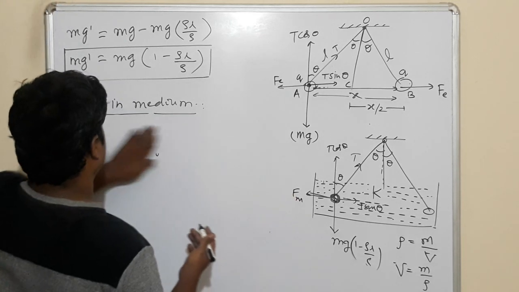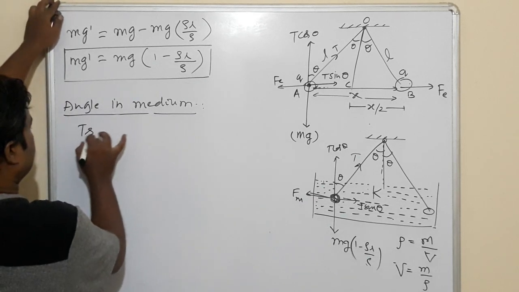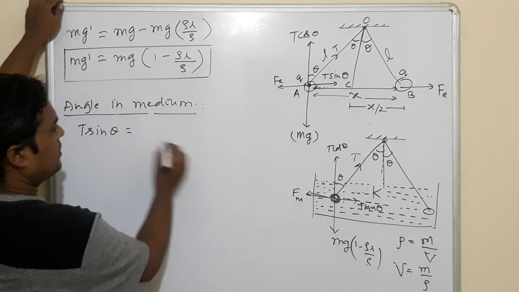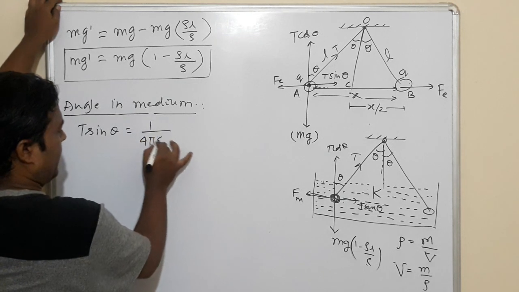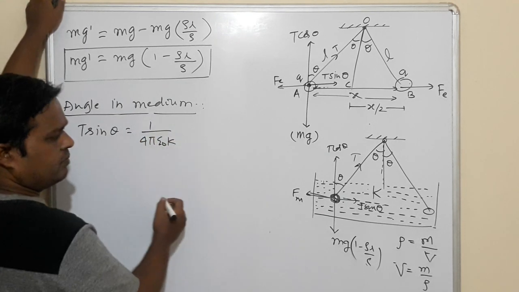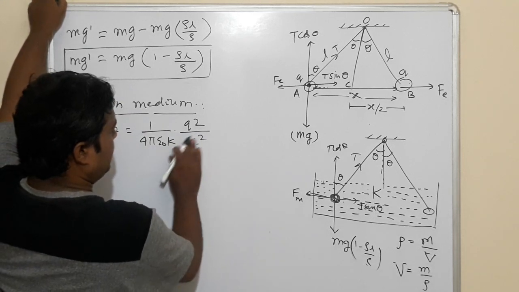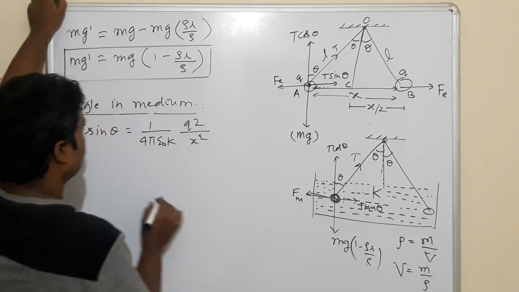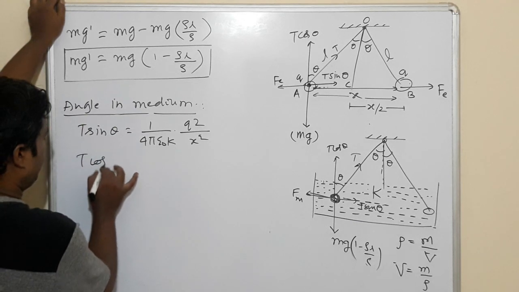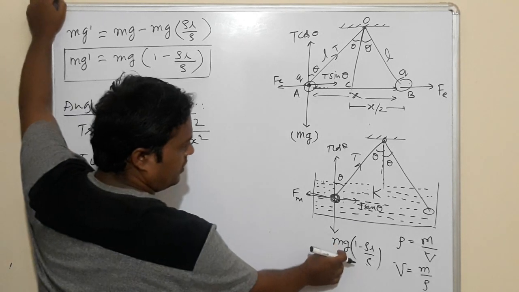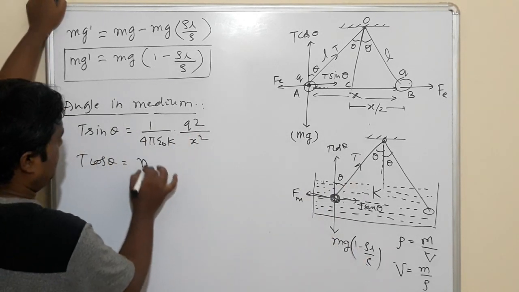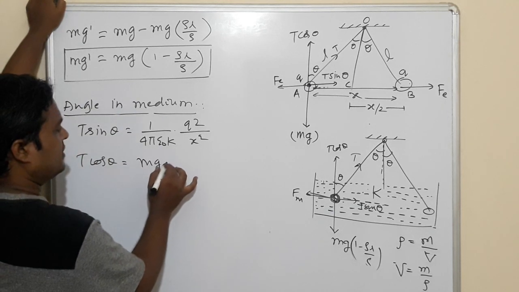Otherwise, again you can write this. What is T sin theta? T sin theta is equal to 1 by 4 pi epsilon naught k for the medium, then q square divided by x square, the distance is the same. Then T cos theta will be equal to, not mg now, T cos theta is equal to mg dash. What is mg dash?